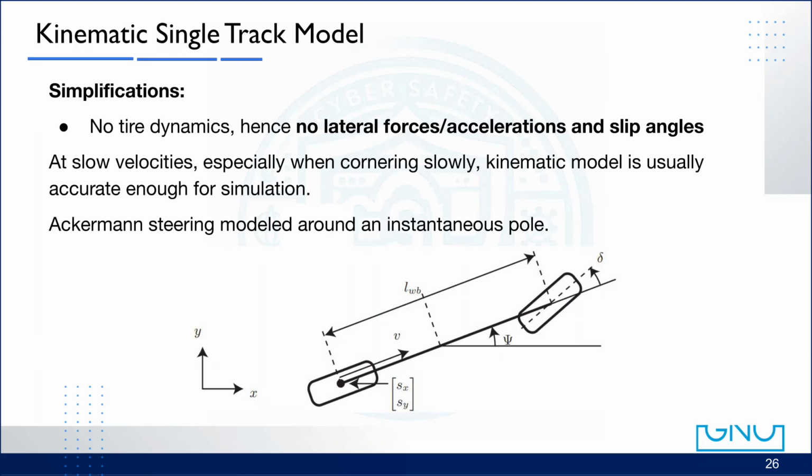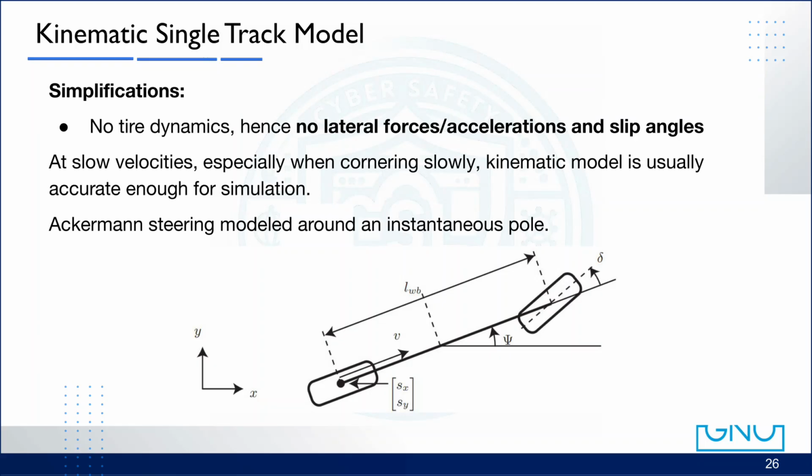The vehicle's overall motion can be described using its velocity vector v, which is aligned with the car's heading direction, shown as the angle psi. So psi represents how the car is oriented relative to the XY coordinate frame. The distance between the front and rear wheel is marked as L sub WB, which stands for wheelbase length. That's the key geometric parameter of this model.